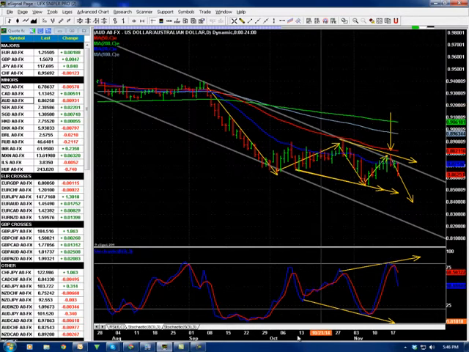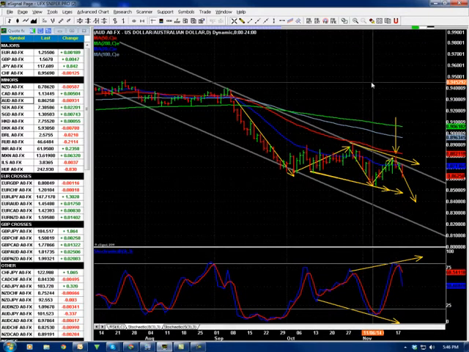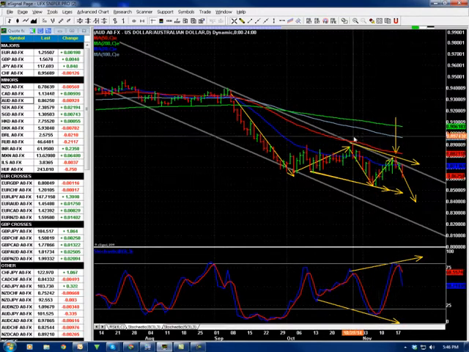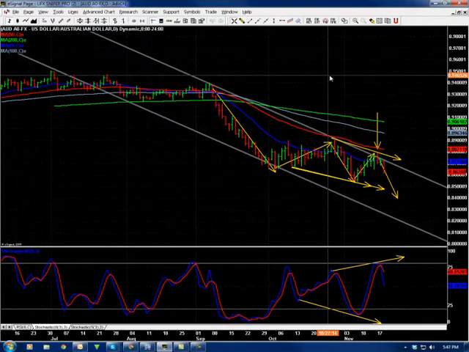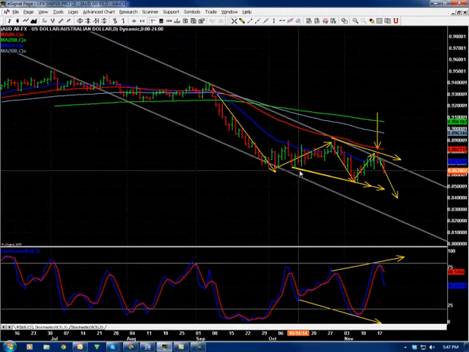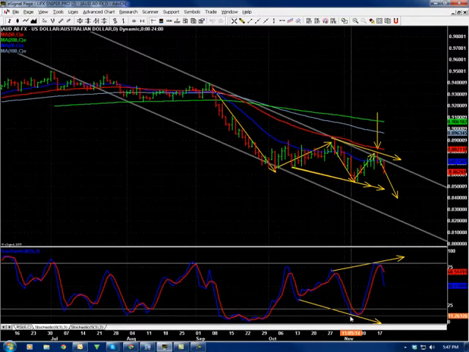Now here I've done my analysis already, and here the market is giving lower highs and lower lows. The market is pushing down. It is giving RSI convergence by looking at the last two swing lows down here.